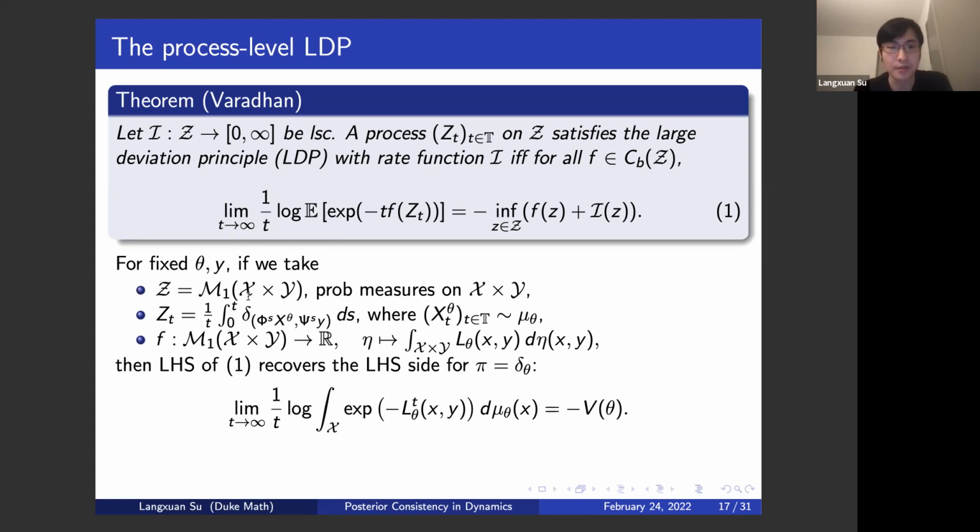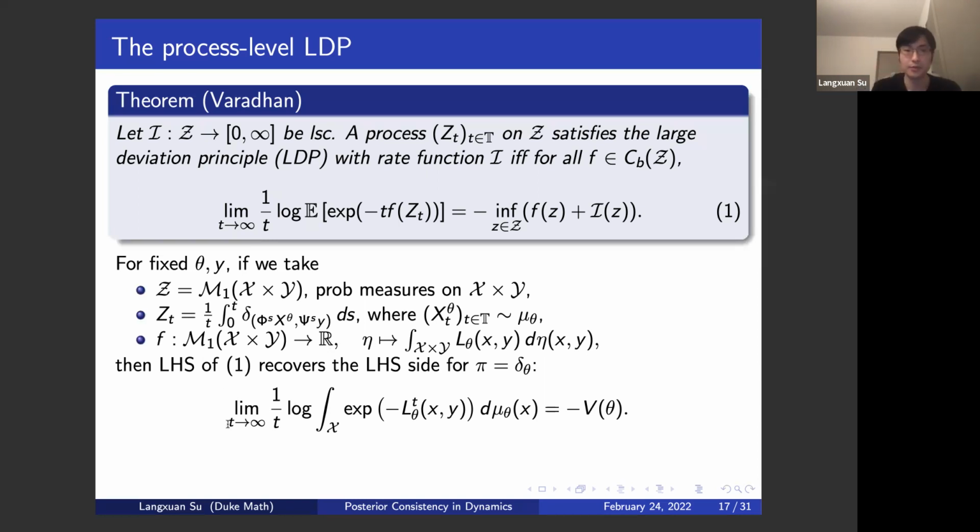So here we pick the space to be the space of probability measures on x and y. We pick Z_t to be the empirical process, and we pick f to be the integration with respect to a measure using the loss function. So when you input a measure, you integrate the loss function with respect to the measure. Then by plugging in this Z, Z_t, and f to the left-hand side of Varadhan's lemma, it just recovers the left-hand side of the asymptotic characterization we want, at least for a fixed parameter theta.